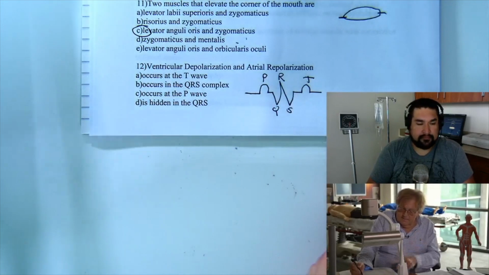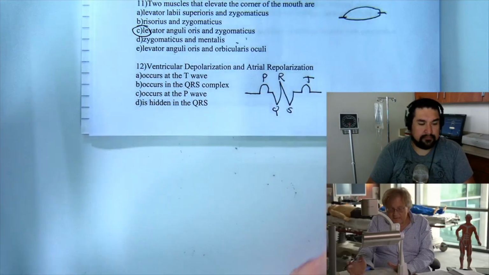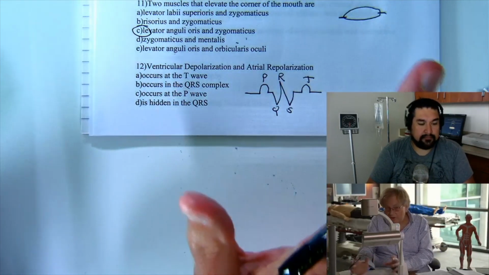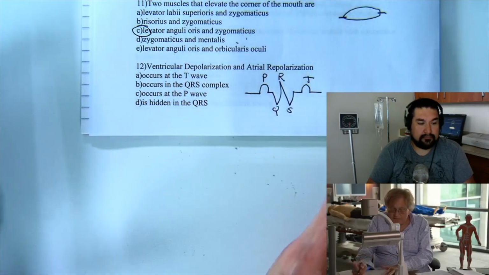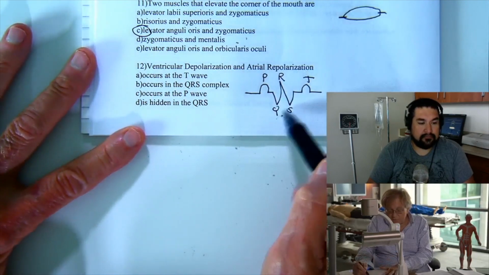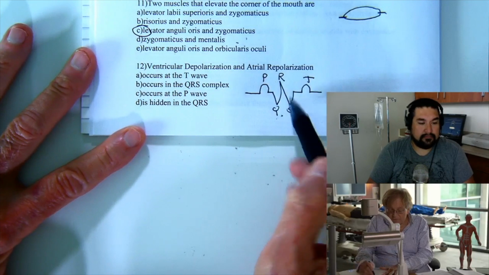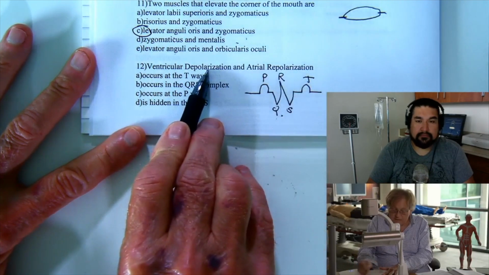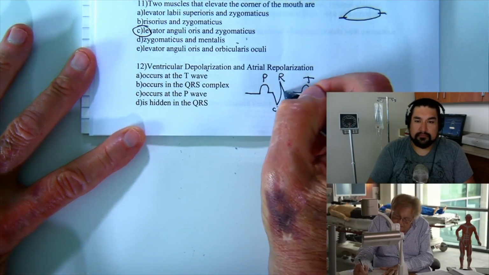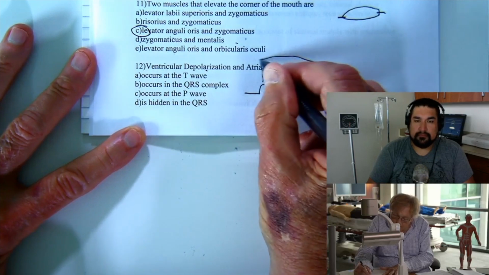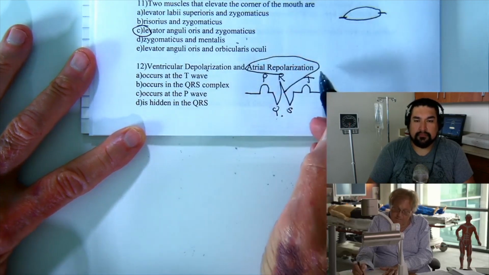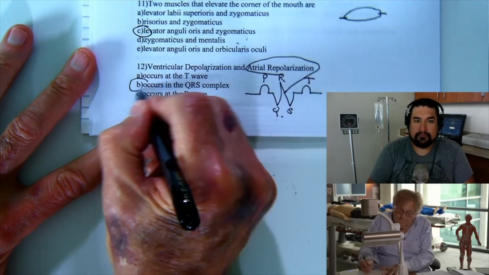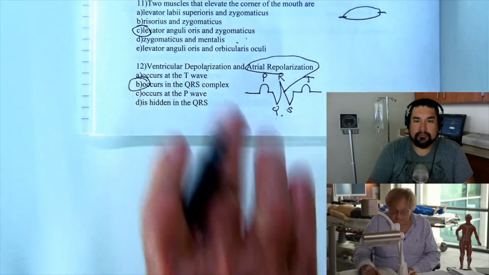But the key is that because the muscle mass of the atrium is so small compared to the ventricles, the QRS complex, which mainly stands for ventricular depolarization, has hidden inside of it the atrial repolarization. So where I'm going to find that is in the QRS complex.